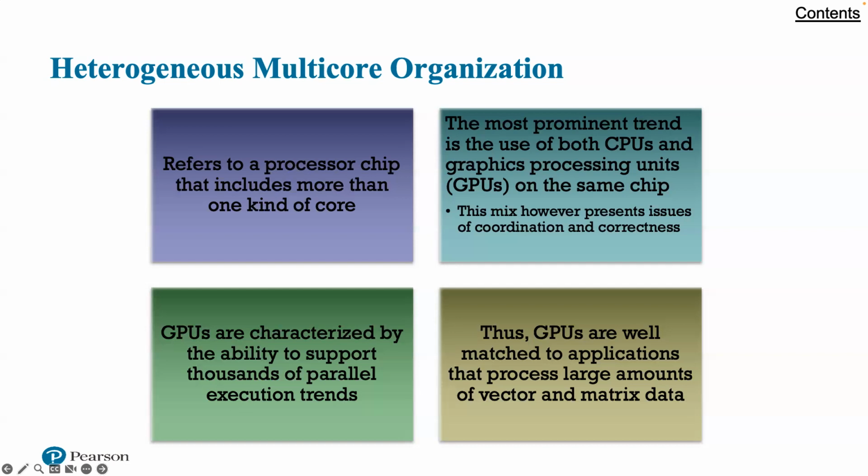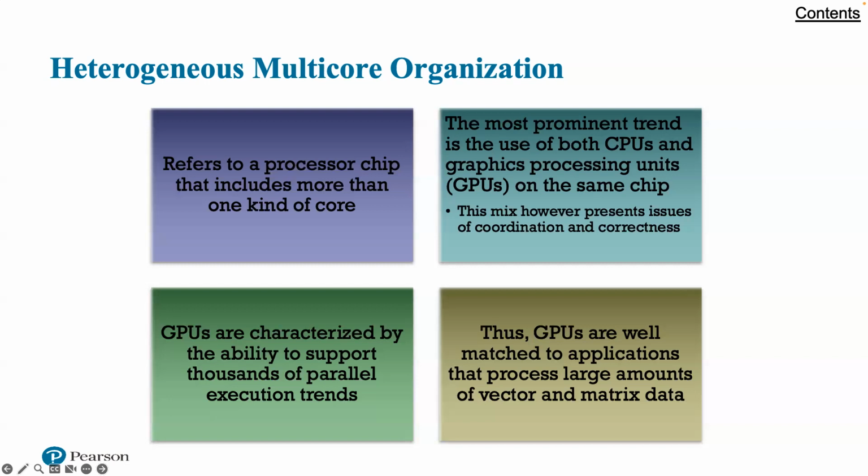Initially aimed at improving the performance of graphic applications, thanks to easy to adopt programming models such as CUDA, which stands for Compute Unified Device Architecture, these new processors are increasingly being applied to improve the performance of general purpose and scientific applications that involve large numbers of repetitive operations on structured data.